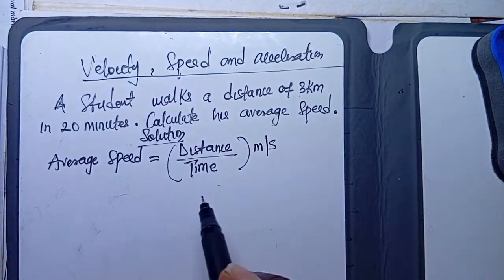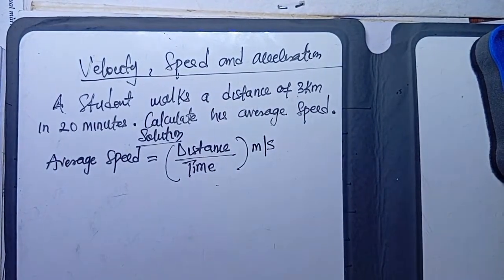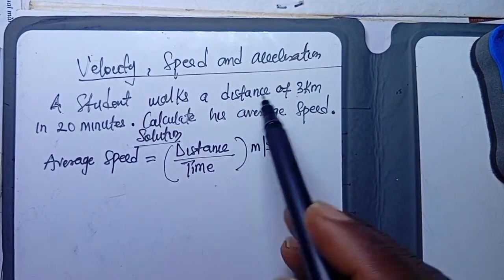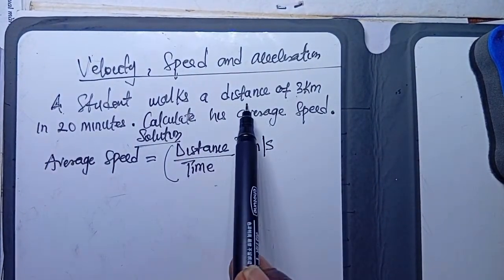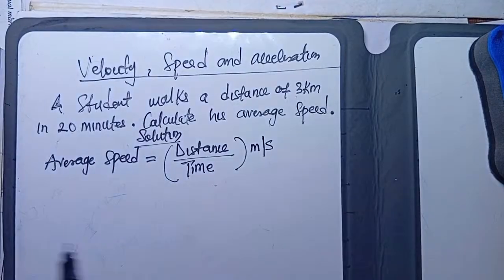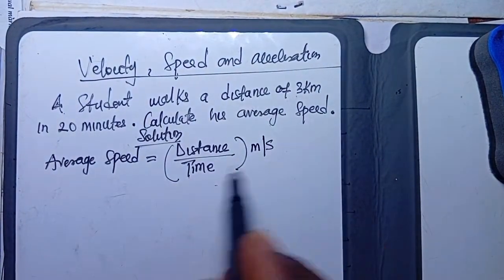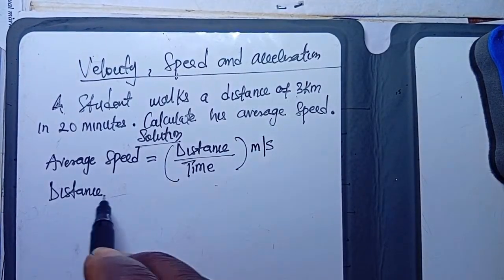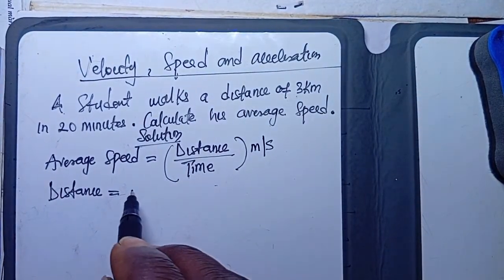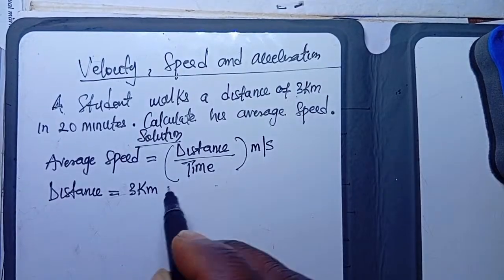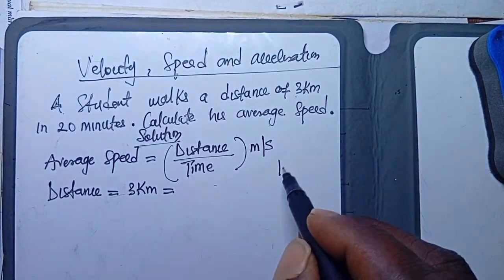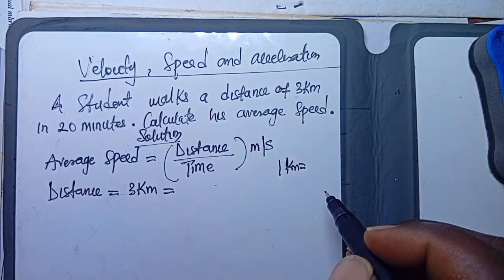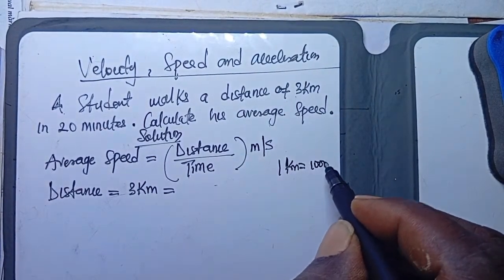So now, there's something in physics that we call given values. We have been given some values. He said a student walks a distance of 3 kilometers. The given value is distance, which is equal to 3 kilometers. And remember, 1 kilometer is 1,000 meters.